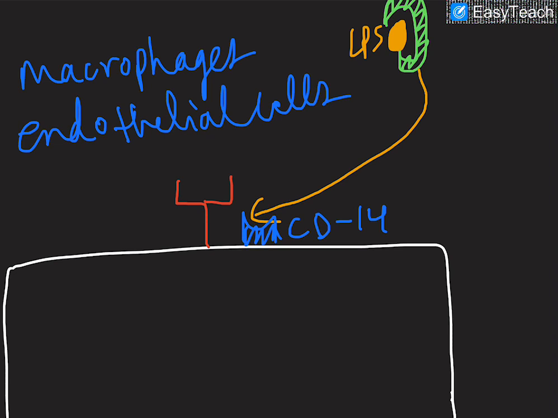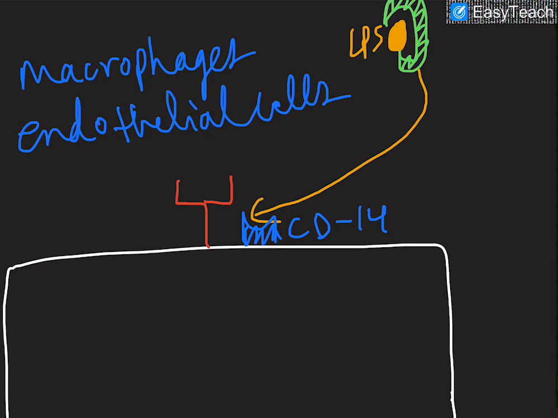CD14 is also expressed on our macrophages and endothelial cells. Once CD14 receives this lipopolysaccharide from the lipopolysaccharide binding proteins, it's going to give it over to toll-like receptor 4.